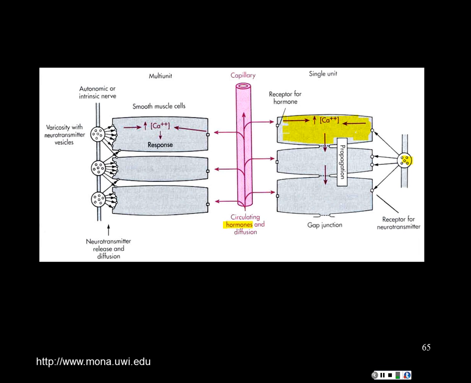Let's contrast single unit smooth muscles to those. Actually, before we move on, why do you think the word single unit is used to describe these tissues? Because it's all connected, and all of these hundreds or thousands of cells work together as a single unit. Very good.